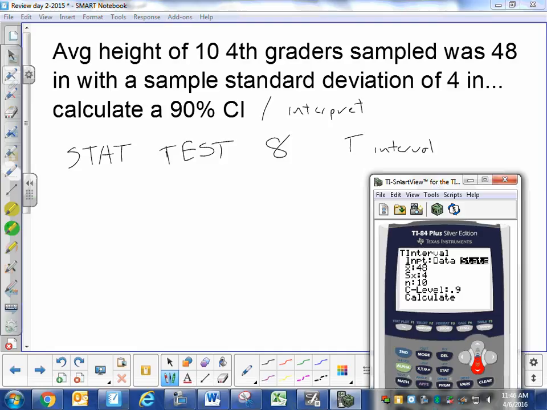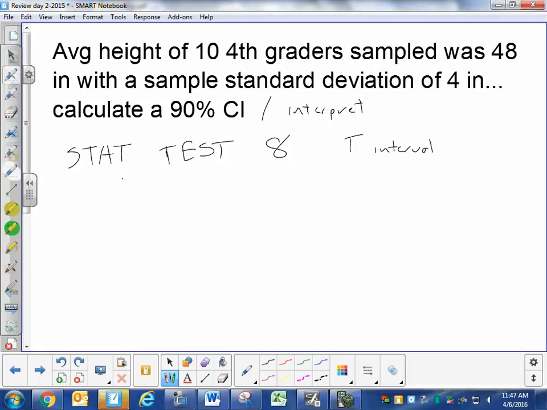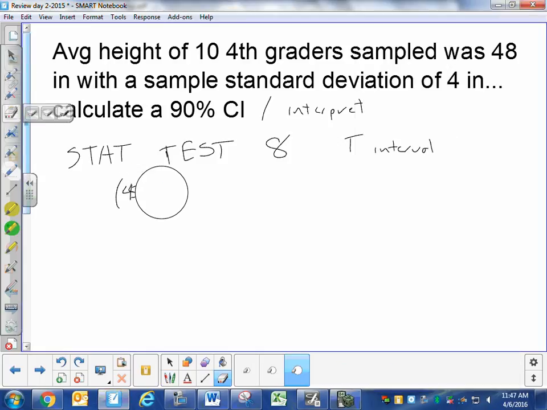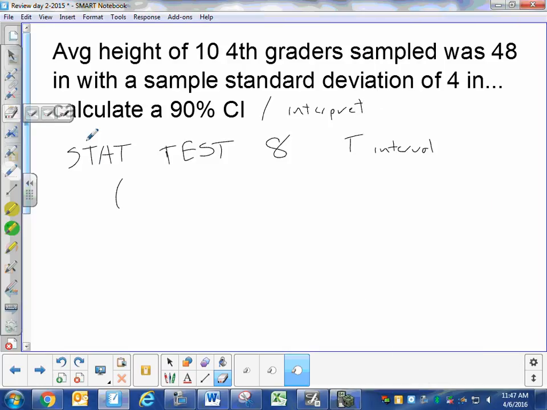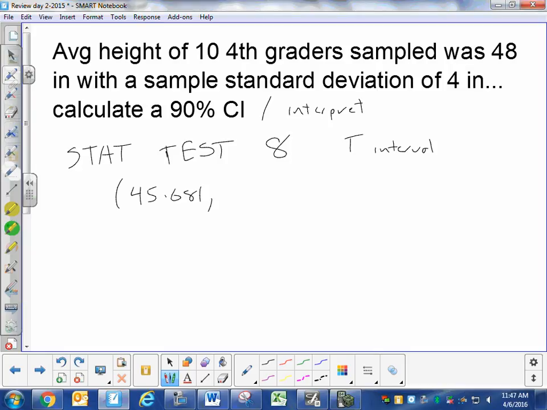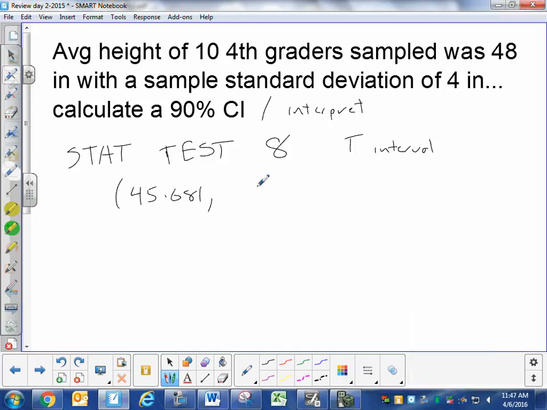You press calculate, and you get your interval, 45.681, 50.391. Did everybody else get that? Make sure your confidence interval is a 90% confidence interval.